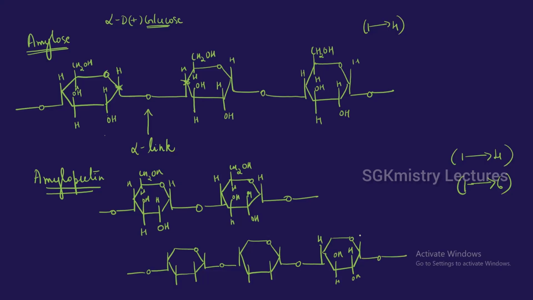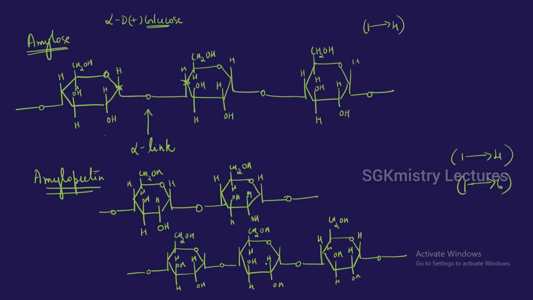This also I'm going to continue this way. So H, CH2OH, here also H, CH2OH, H, the same thing repeats, H and OH here. So I've just written two straight chain structures which are joined together by 1,4 glycosidic linkages.